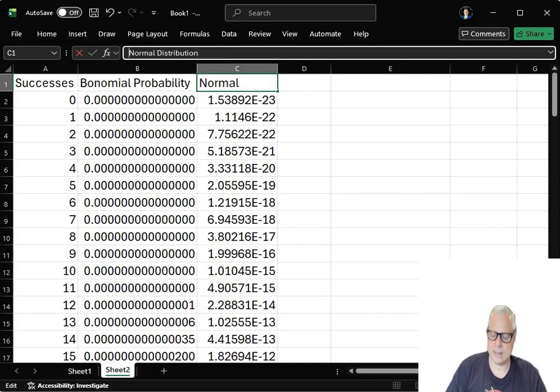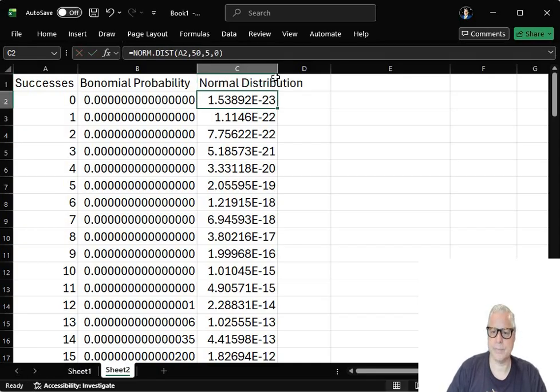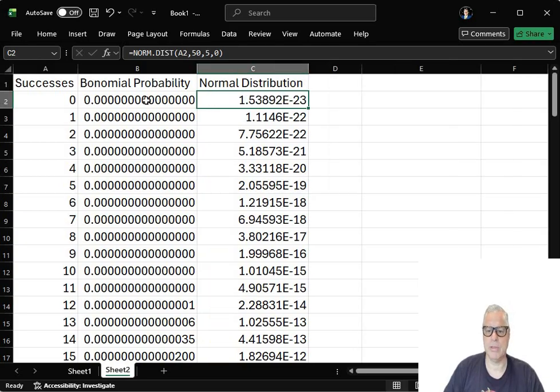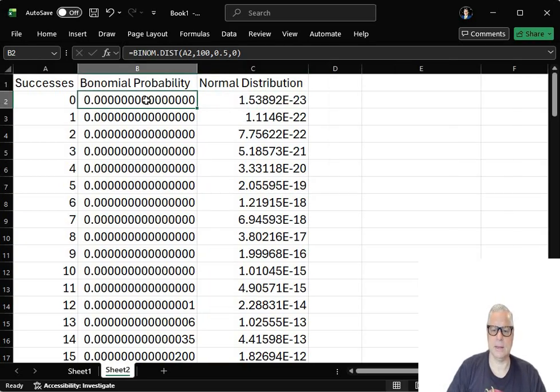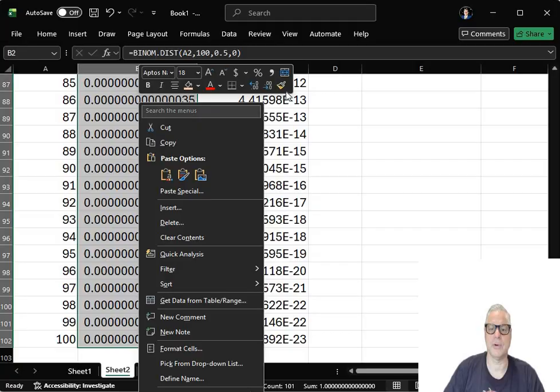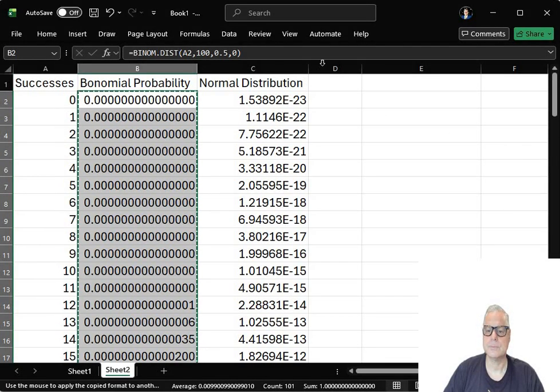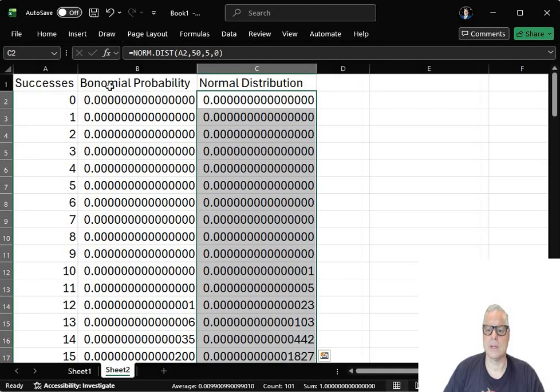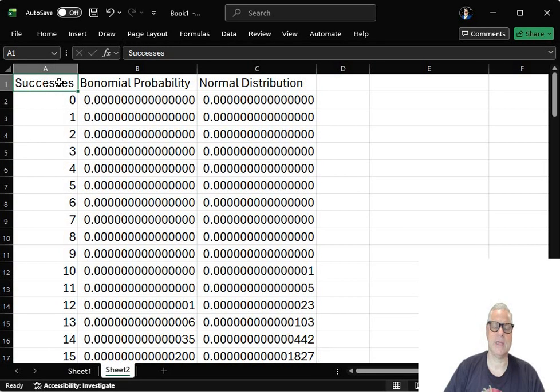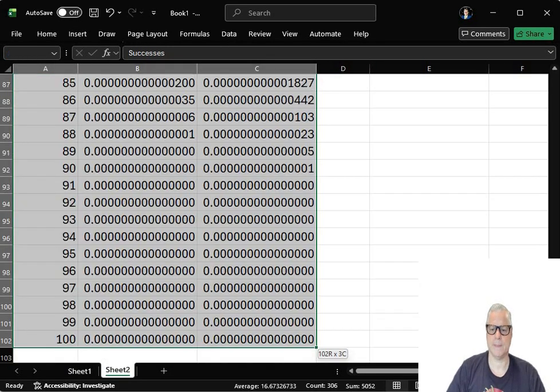Okay, so now we can display both. And what I do is I just copy first the format. Okay, we have all those zeros, but now we can display both.